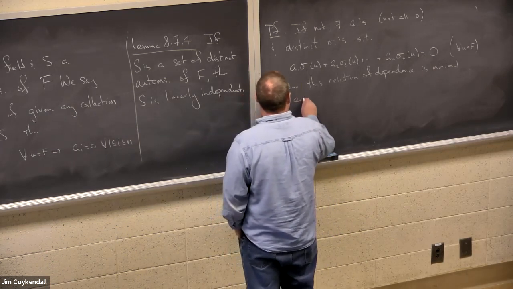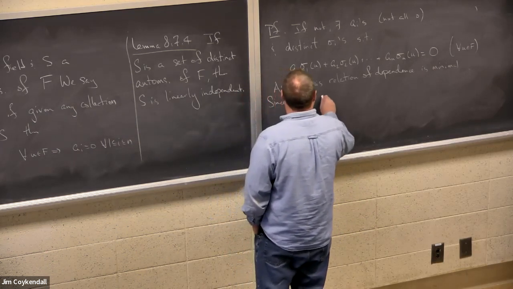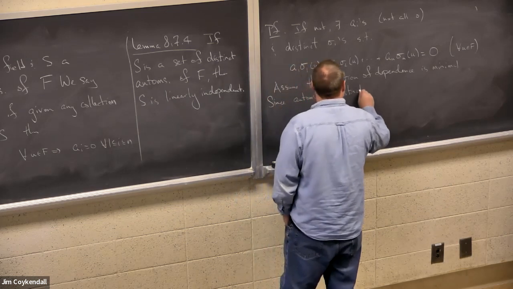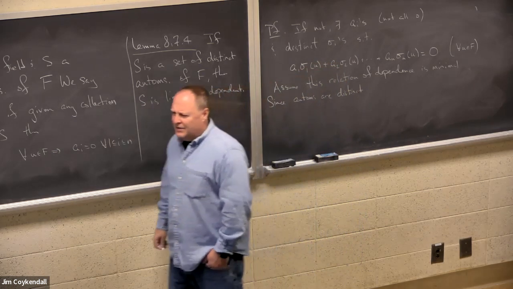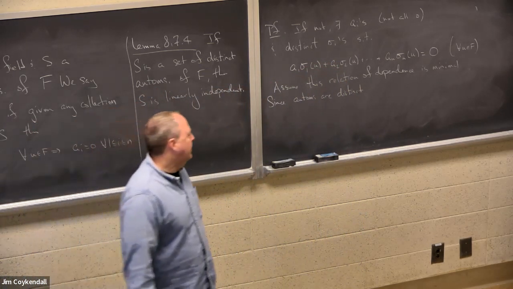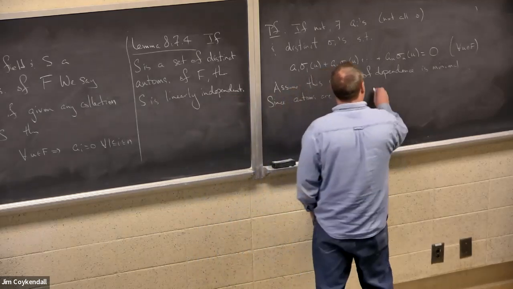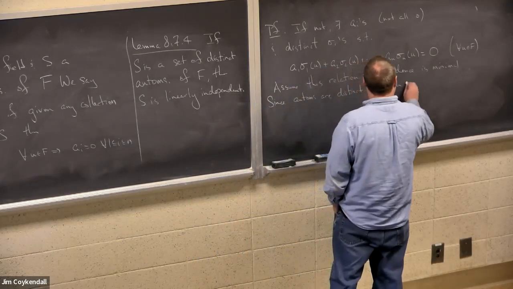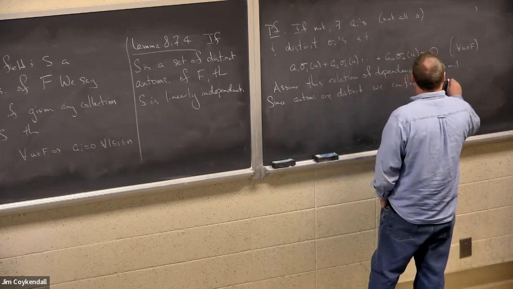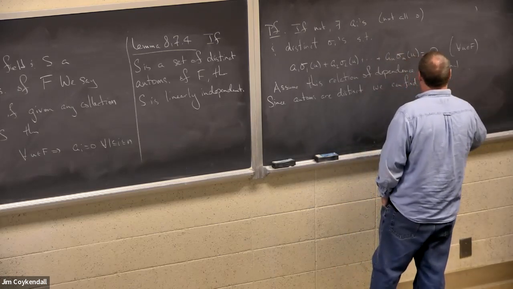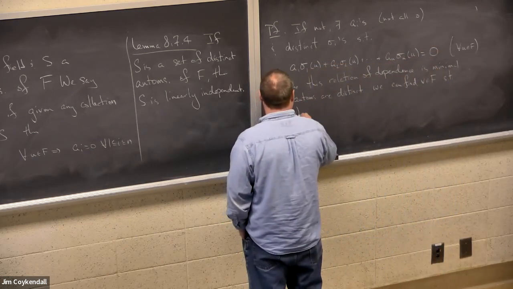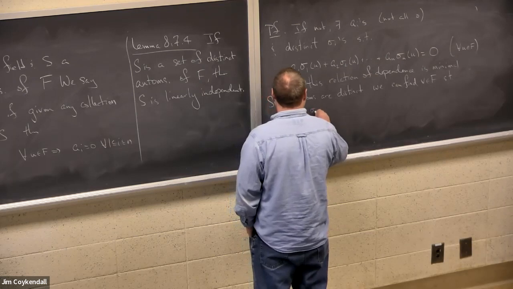Since the automorphisms are distinct, we can find some v in F such that sigma_1(v) is not equal to sigma_2(v).